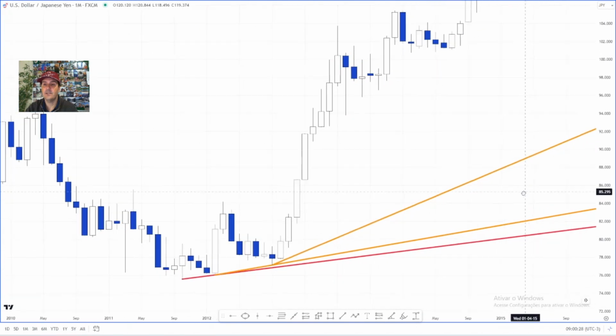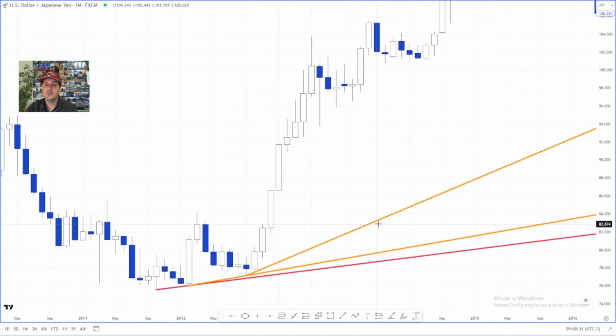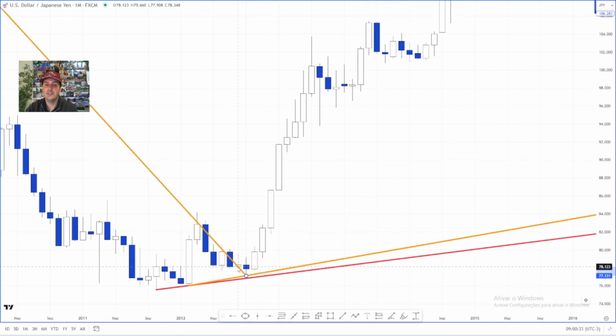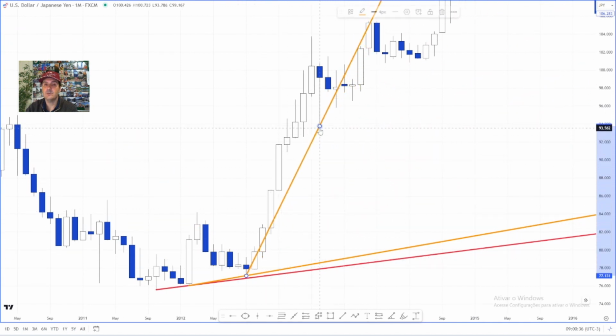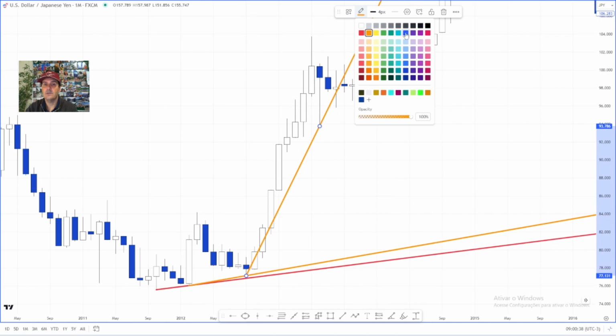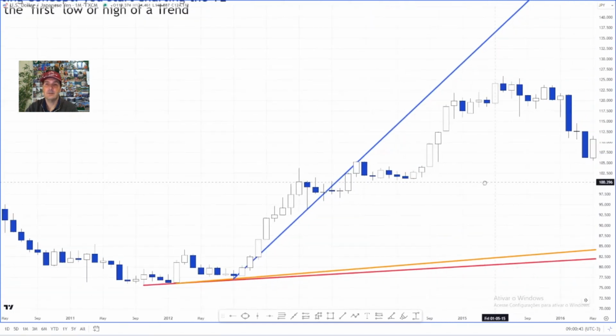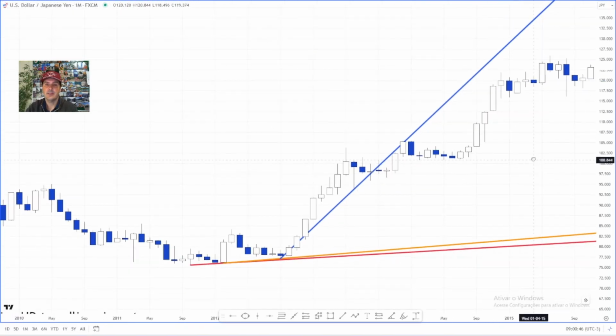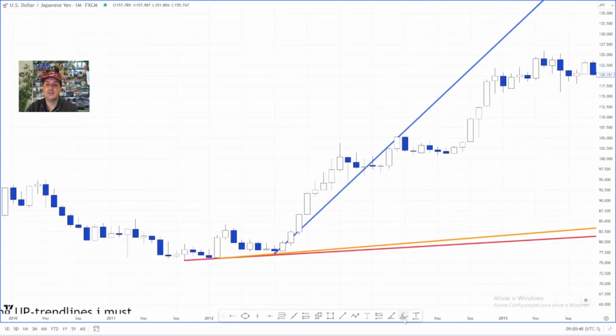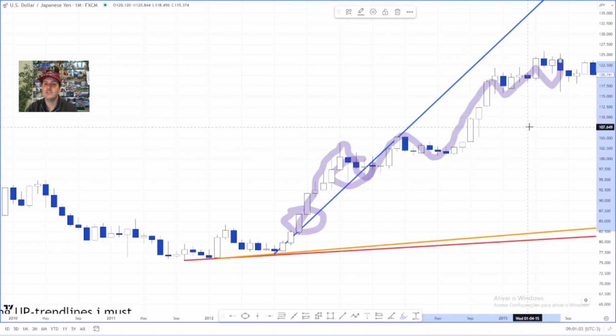If I connect this low with this low, the blue uptrend line, is this blue uptrend line correct? Exactly, no, it's not, because of all the rules that we've learned today: I'm breaking candles, I'm breaking tails, I'm breaking bodies, and this blue uptrend line is not confirming the uptrend.